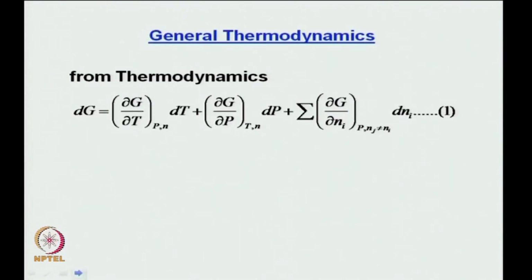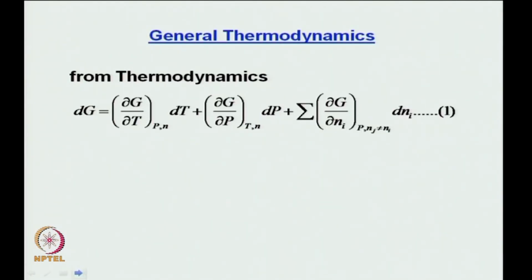If you have an open system, where even matter is exchanged, that means matter transfer is going to take place, then the differential of G is a function of P, T and N, where N is the number of moles which can be transferred across whatever you are looking at. So, dG as a differential would look like this. The first one is del G over del T at constant P and N, times dT and so on.